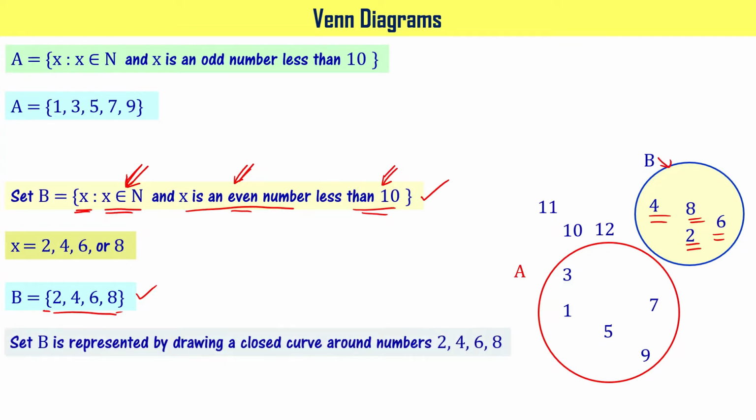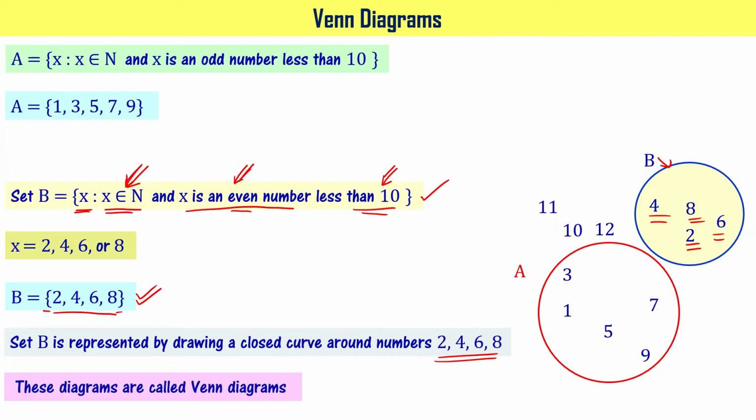Set B is represented by drawing a closed curve around the numbers 2, 4, 6, 8. These are the elements of set B. These diagrams, whatever we have drawn just now, are called Venn diagrams. Please note this. This circle representing set A and this circle representing set B are called Venn diagrams.